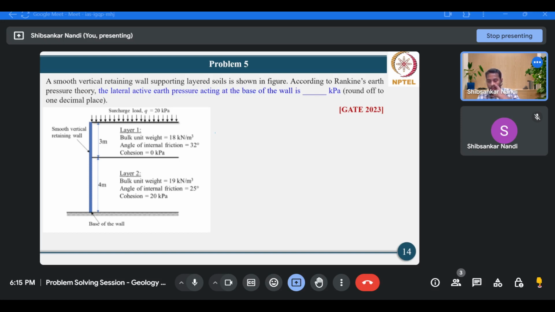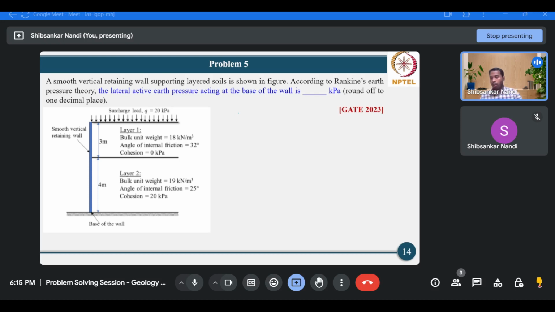Okay. So here, it's not asked that you have to calculate the total active thrust acting on the wall. Instead, you have to determine the active earth pressure acting at the base of the wall. So therefore, there is no need to go for establishing the entire active earth pressure distribution for the whole height of the retaining wall.